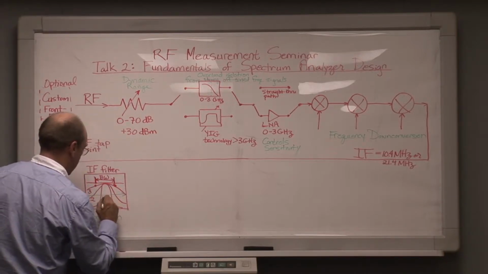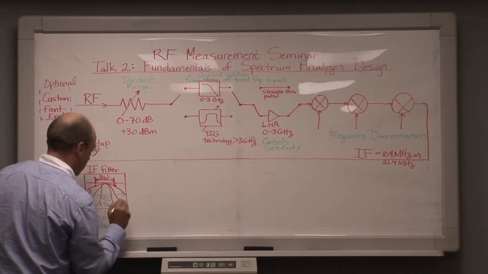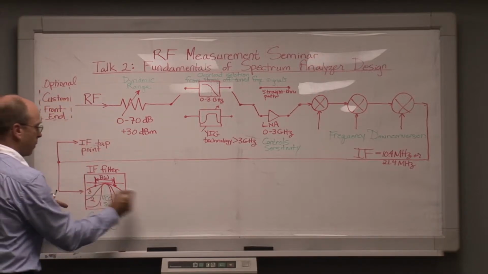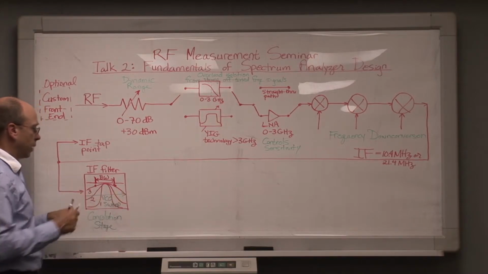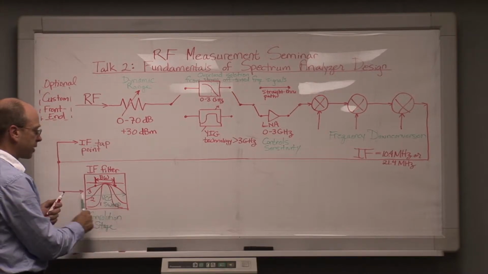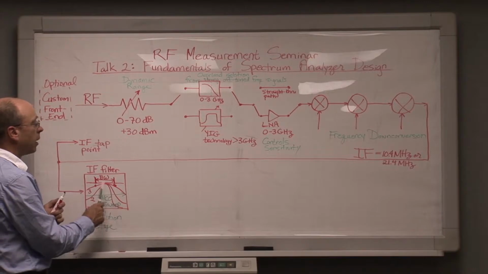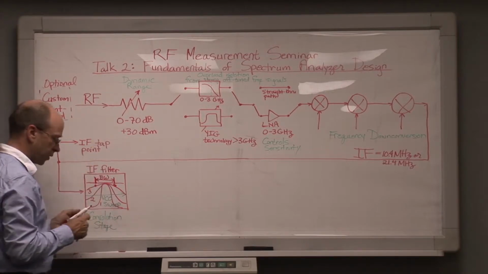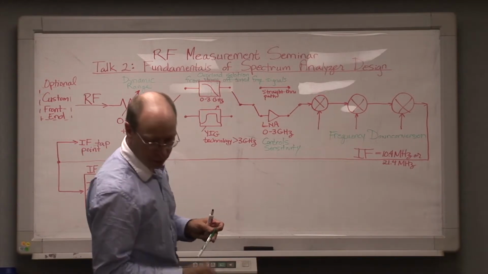This will sweep in frequency back and forth across the IF stage using a VCO. And what we'll see will be the result of convolving this shape as it sweeps across the IF frequency range with a voltage-controlled oscillator convolved on top of whatever the input spectrum was.